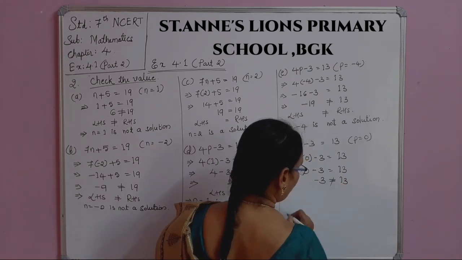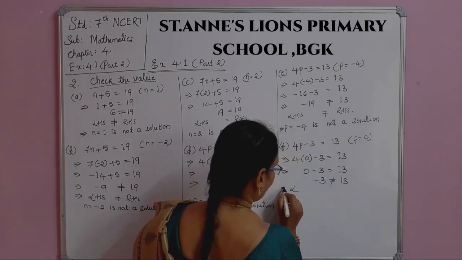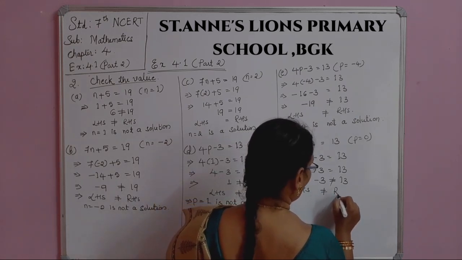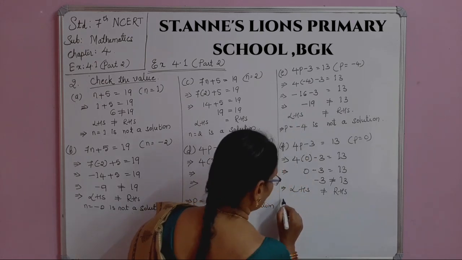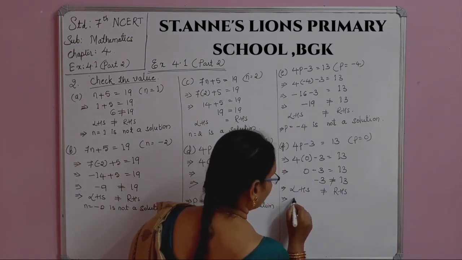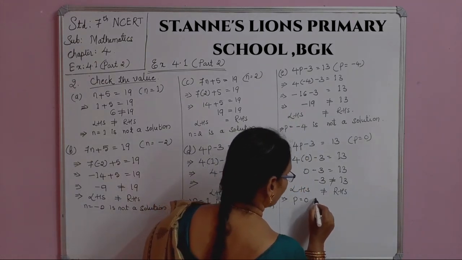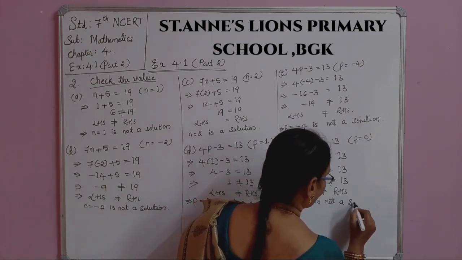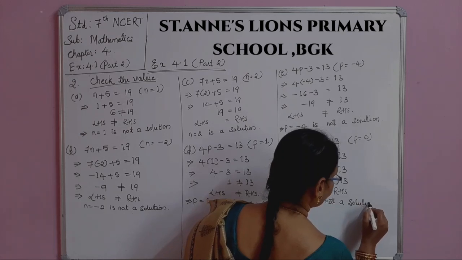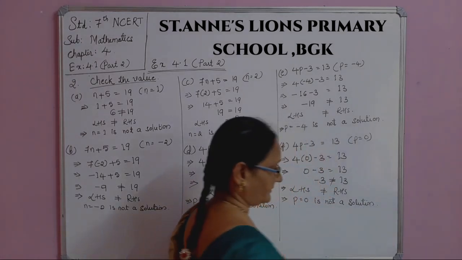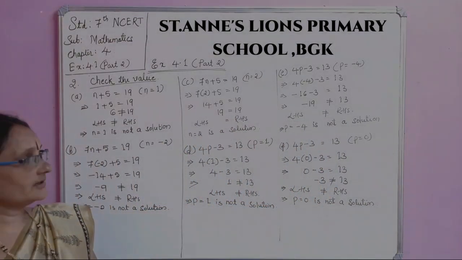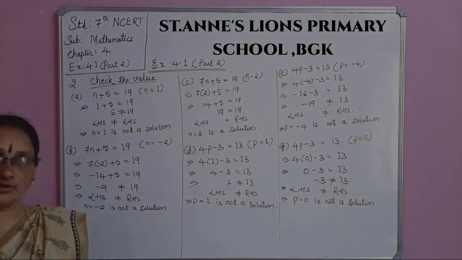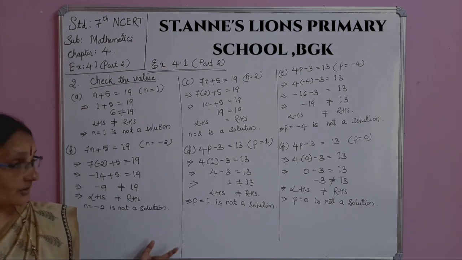These both are not equal. So LHS is not equal to RHS, and p equal to 0 is not a solution. This is the way of finding whether the given value is a solution or not. Okay, copy this.